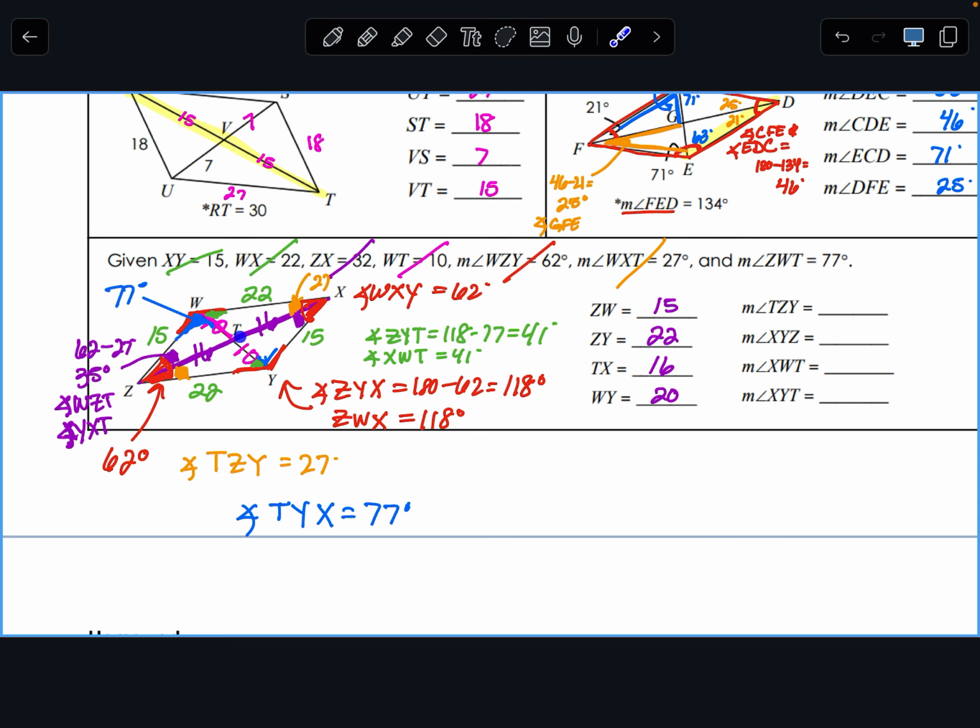TZY. That's the orange one. The orange one was 27. X, Y, Z, that's 118.